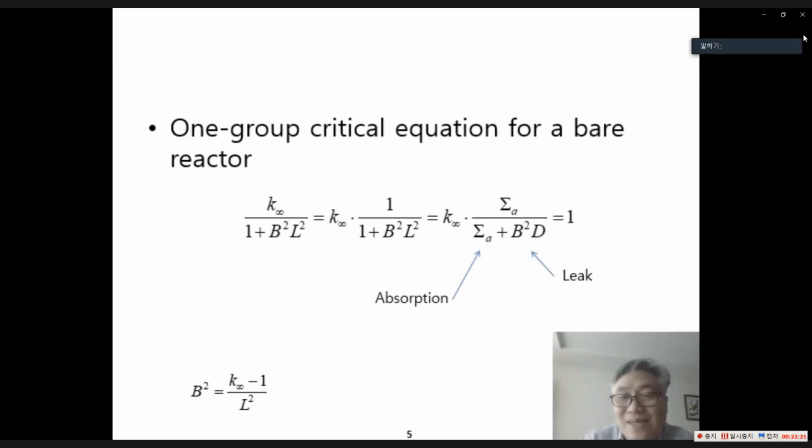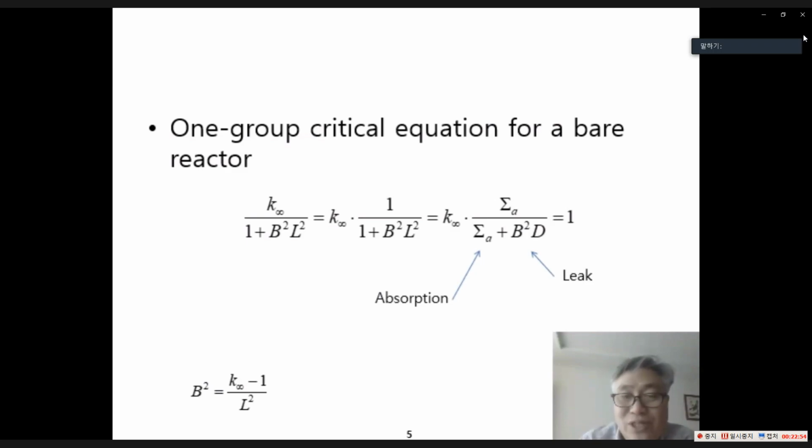So the denominator sigma A plus B square D is actually absorption and leakage, divided by absorption. That means this term is non-leakage probability. 1 divided by 1 plus B square L square is non-leakage probability.